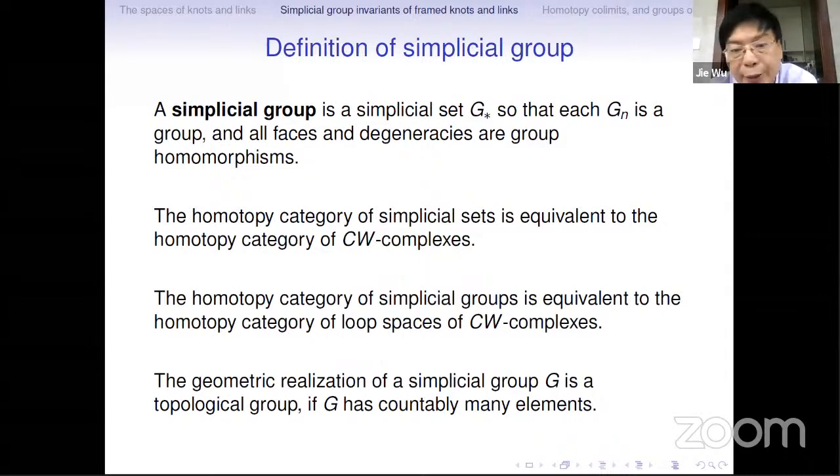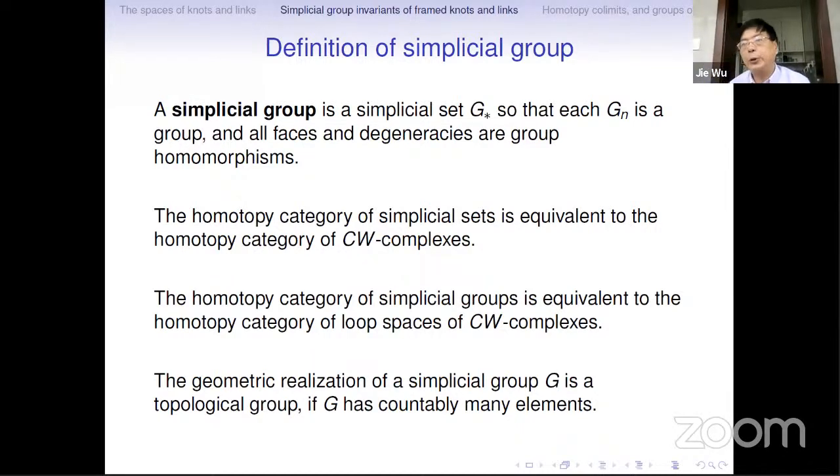He put a condition that if a simplicial set has locally finite or countable elements, then the geometric realization of a Cartesian product of simplicial sets is really the Cartesian product of spaces. Now, of course, you can extend Milnor's result: if you put the compactly generated topology, then the geometric realization of the Cartesian product of simplicial sets is the same as the Cartesian product of the spaces, taking the compactly generated topology.